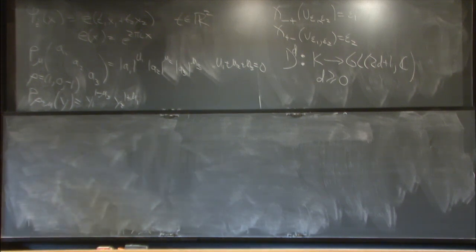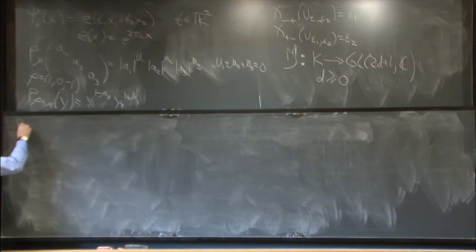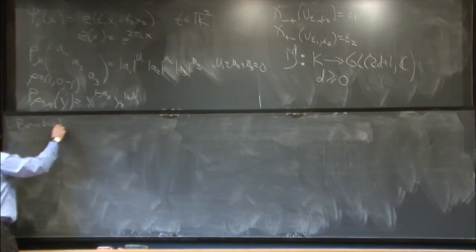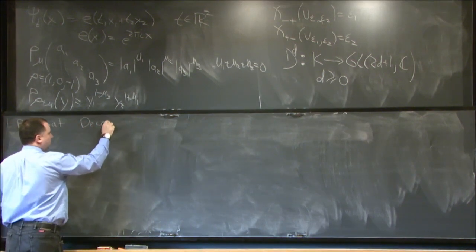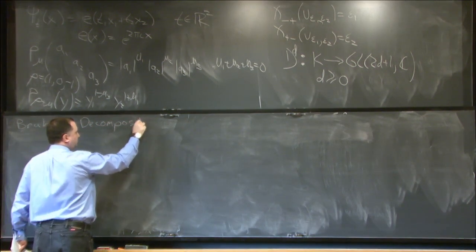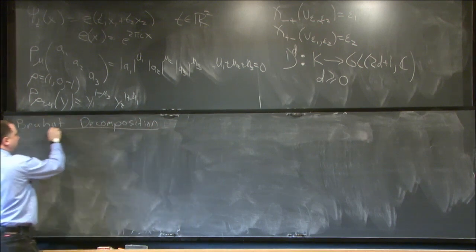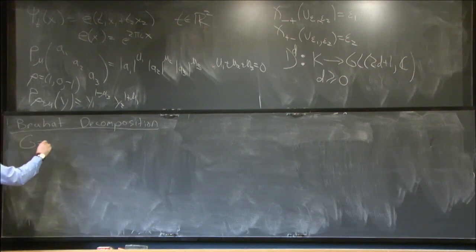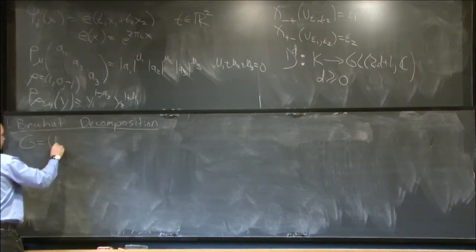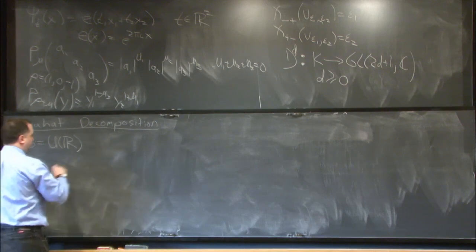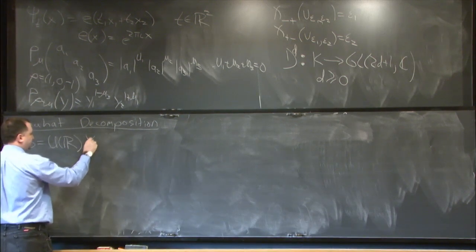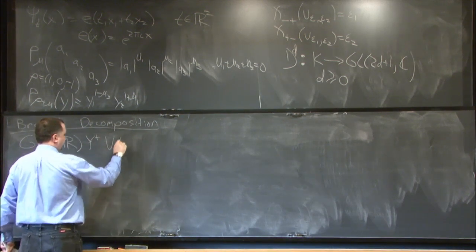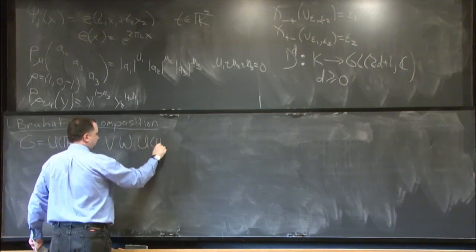So the Bruhat decomposition, how am I doing? Good. Okay, the Bruhat decomposition sort of non-uniquely looks like this, that G is the union of U(R) Y times a Weyl element w times U(R).